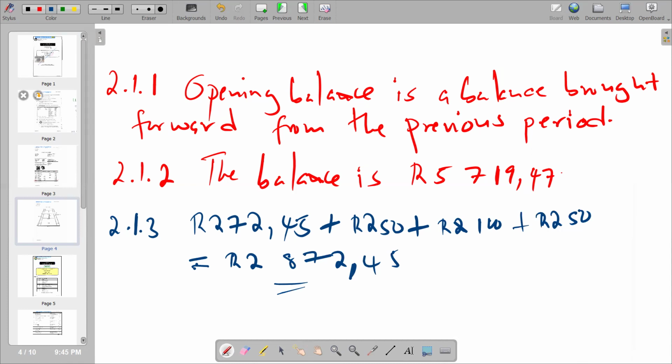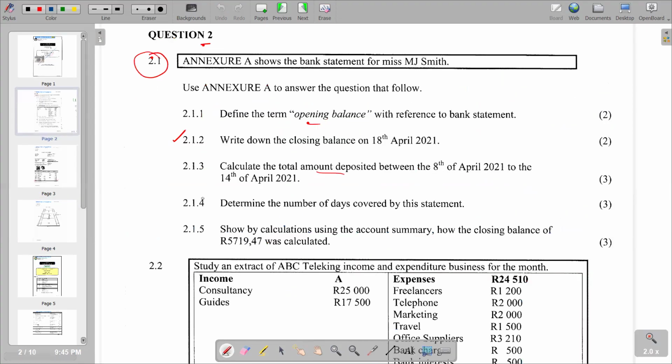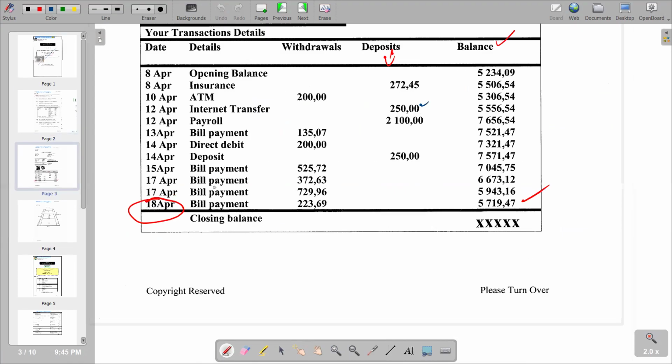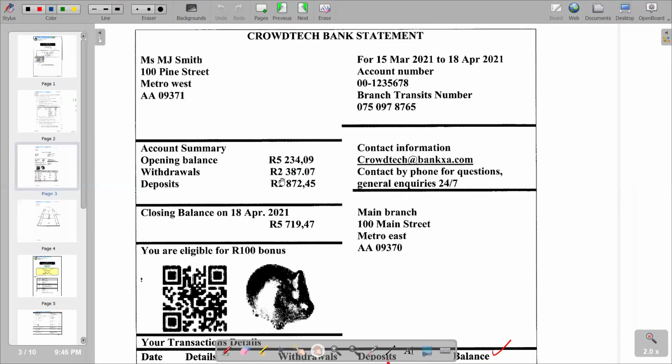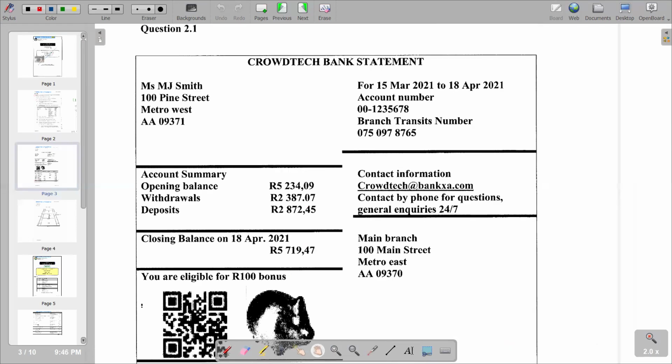Then we go to the next part, which is now 2.1.4: determine the number of days covered by this statement. You can only find the number of days covered when you go to the statement. Going to the statement, you can see that we are given the period covered, which reads from 15 March 2021 to 18 April 2021.